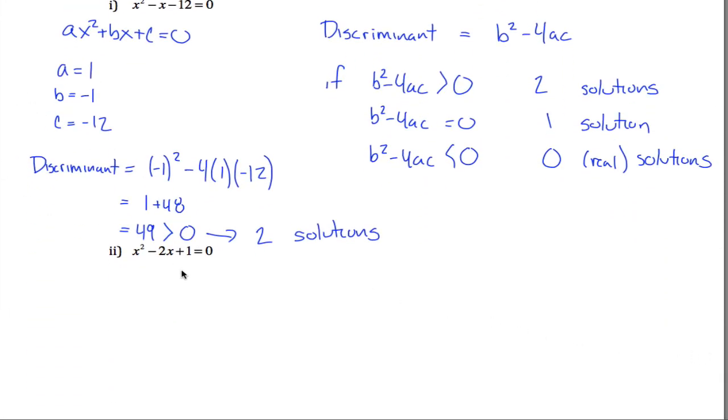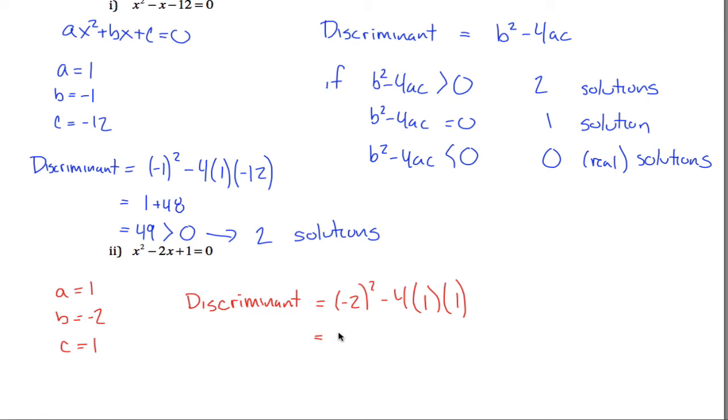If we go through those same steps down here, a is 1, b is negative 2, c is positive 1. A is 1 because there's an implied 1 here, b is negative 2 for this negative 2, c is 1. Discriminant equals b squared, negative 2 squared, minus 4ac.